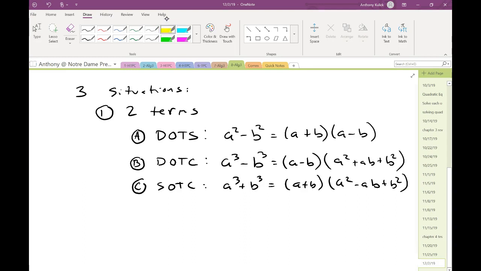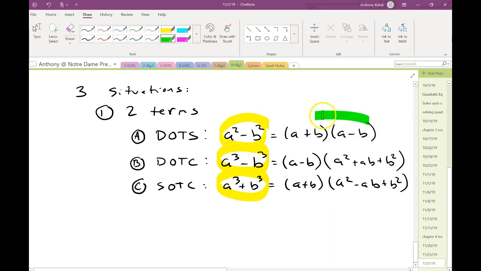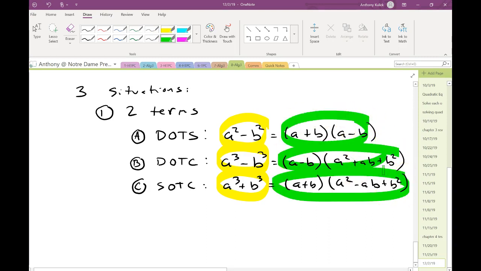So the way we're going to use these factoring patterns is we're going to look at the problem, and we're going to look for something in the problem that looks like one of these three. And then based on that, we're going to factor it using those as our rule. Okay? So let's look at some examples here.